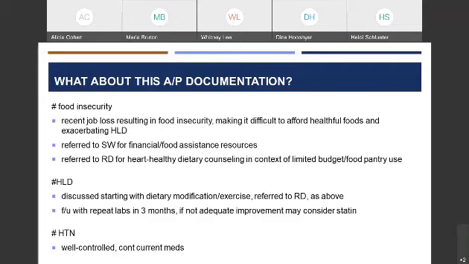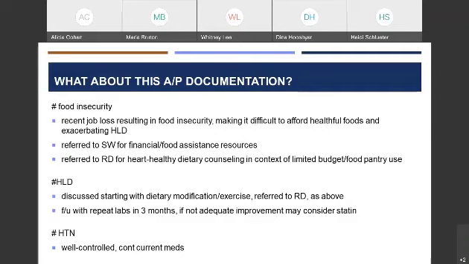So let's try one more time with this assessment and plan documentation. So now I start with food insecurity and say the recent job loss resulting in food insecurity is making it difficult for the patient to afford healthful foods, and that's exacerbating the hyperlipidemia. Again, note that I referred to social work and also referred to a dietitian. And then I still have here the hyperlipidemia and the hypertension below that and discuss the medical decision-making and plan for each of those conditions as well.